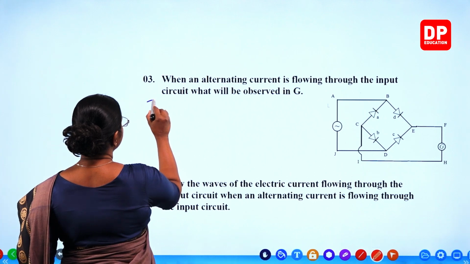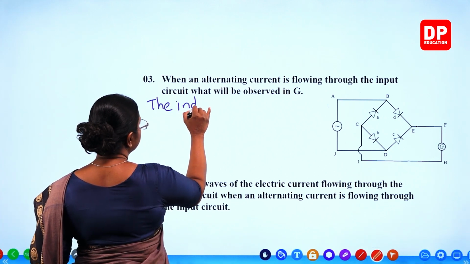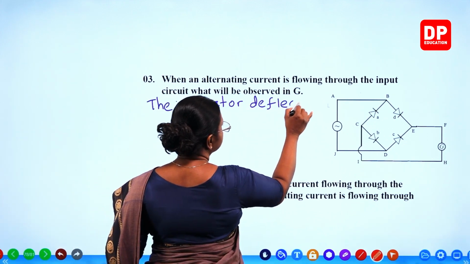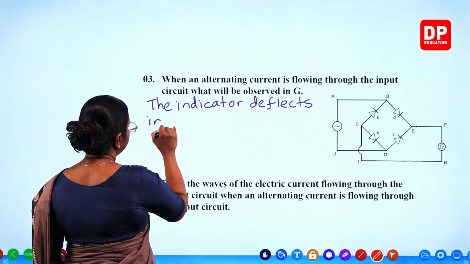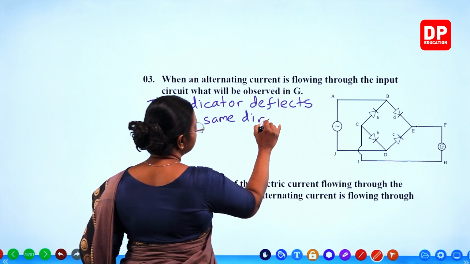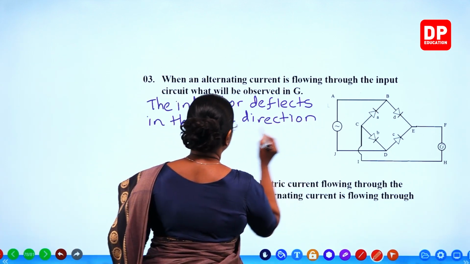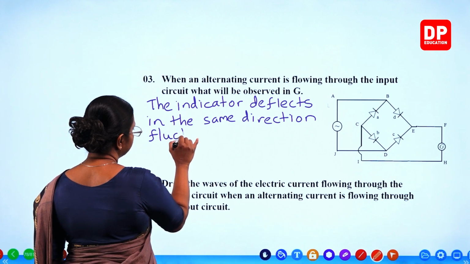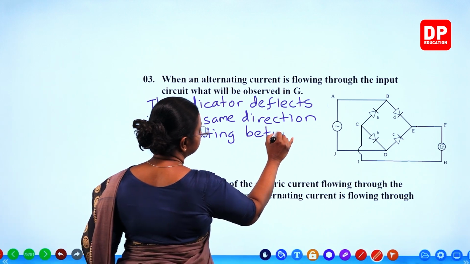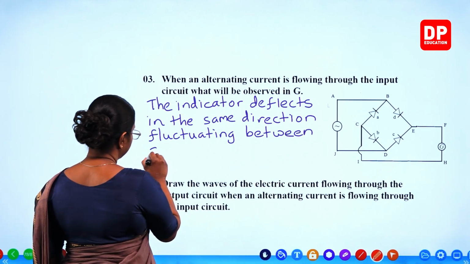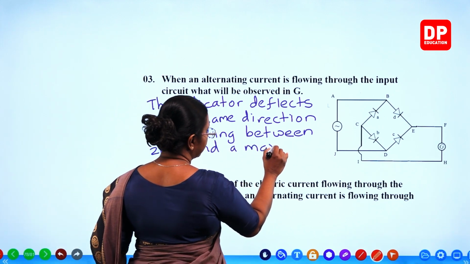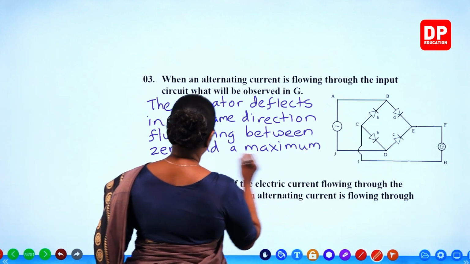So here we can say the indicator deflects in the same direction, fluctuating between 0 and a maximum value.